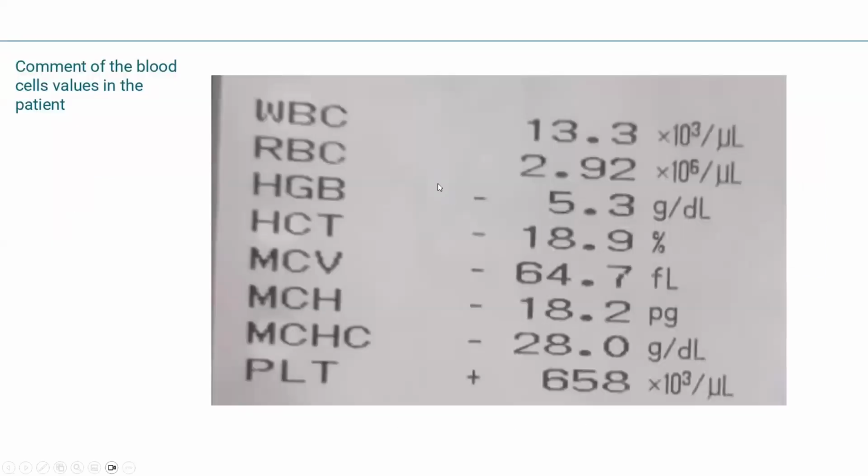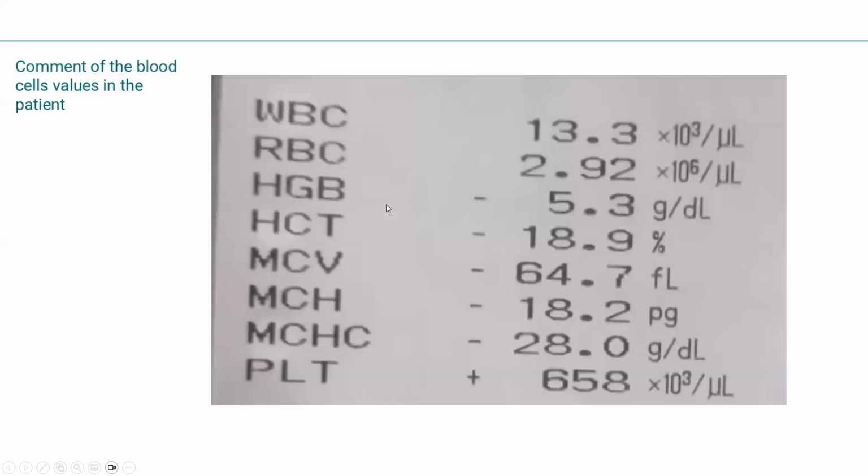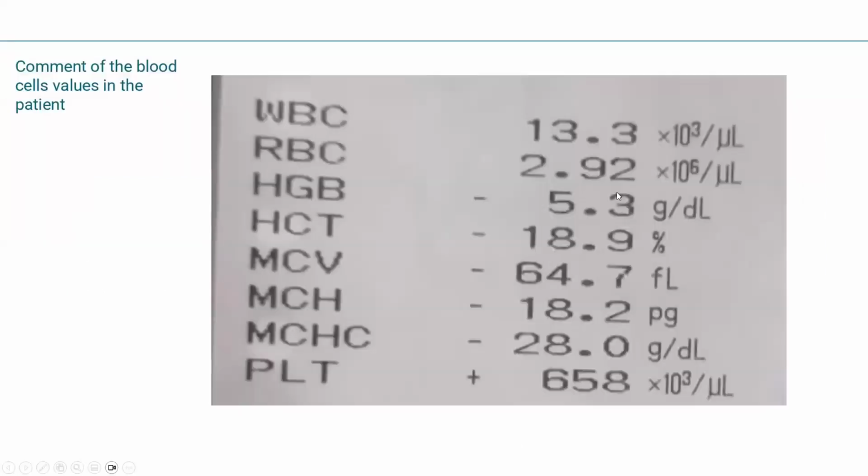And you can see another chart like this, a comment of the blood cell values in the patient. Is this normal or abnormal? 13.3, this is high. RBCs, normal or abnormal? This is low. Hemoglobin, this is low. Hematocrit, this is low.